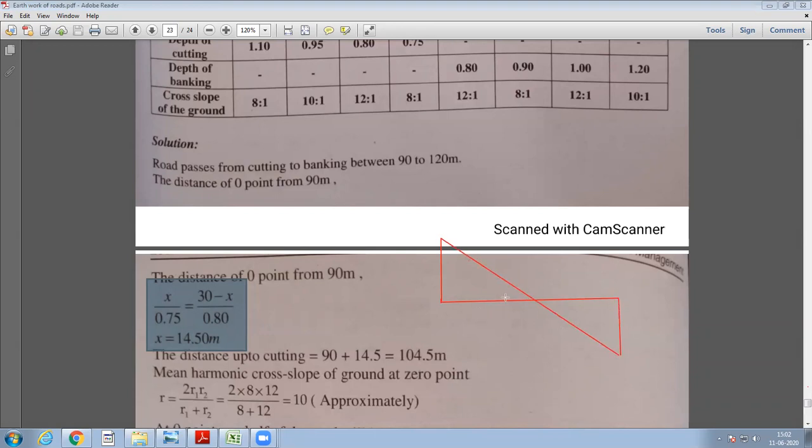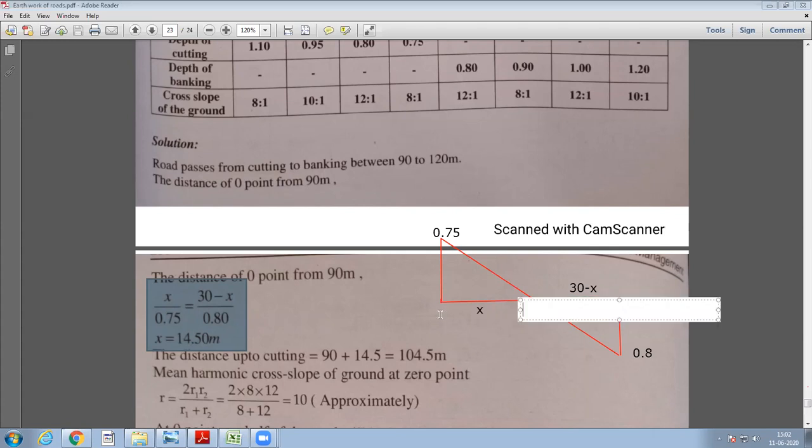Here it is x, and here it is 30 minus x, and here the depth is 0.75, and here the depth is 0.8. So using the similar triangle concept, x divided by 0.75 and 30 minus x by 0.8, when you cross multiply and simplify, you will get this x value as 14.5.